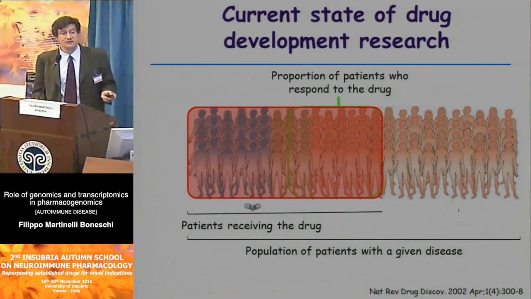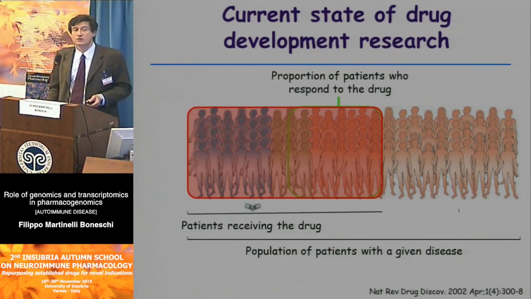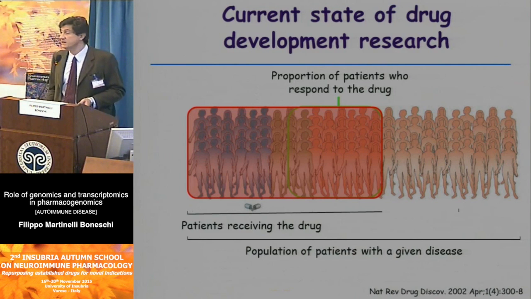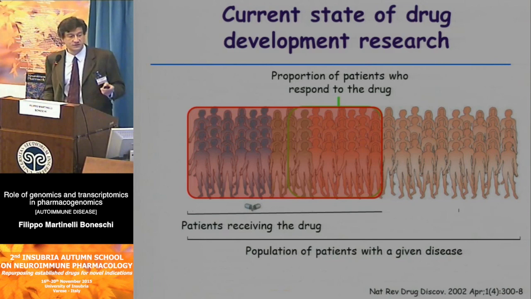So the basic idea is that we have a population of patients with a given disease, a subset of patients is treated with a certain drug, and we have a smaller subset of patients who are actually responding to the drug. And this is interesting because it's a scenario which was, let's say, 15 years ago in multiple sclerosis. We had two drugs at that time in multiple sclerosis, and 30% of patients were able to respond to a specific drug.